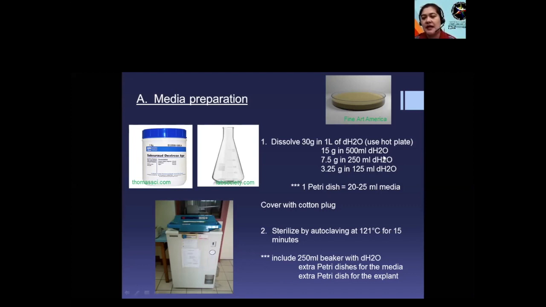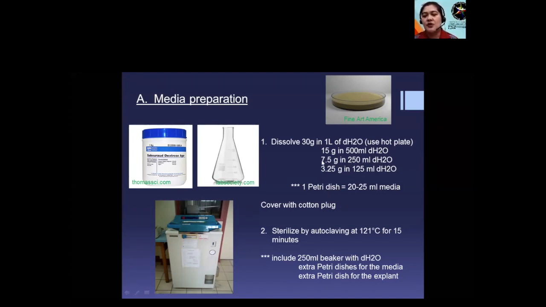Pero ang gagamitin natin dito ay distilled water po. May I stress on that? Distilled water. Not chlorinated, as much as possible, not tap water. Because there would be some minerals that would be present in the water na po pwedeng maging mali ang kalalabasan ng ating experimentation. So please make use of distilled water.